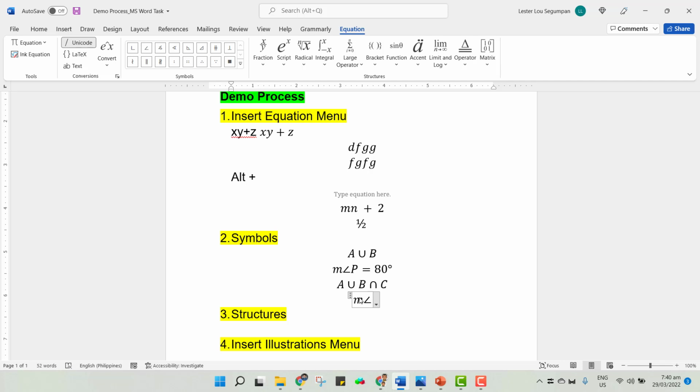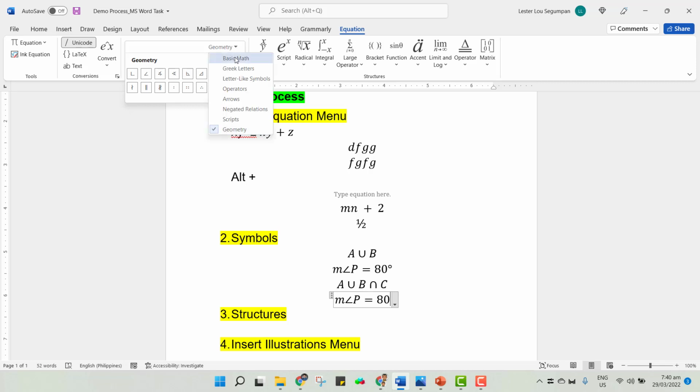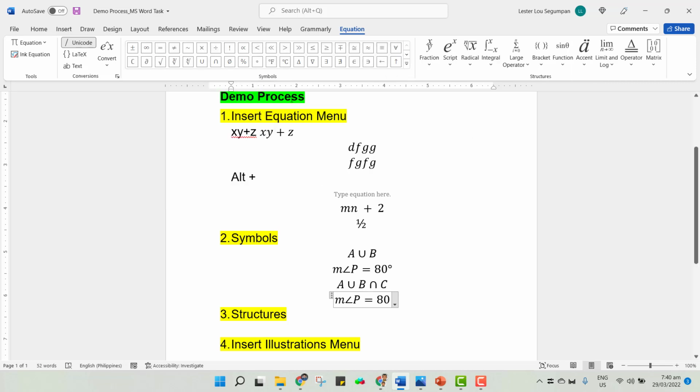That automatically changes to its symbol. And you have P equal to 80. The degrees symbol can also be added by clicking the symbol here, but it also has a shortcut: forward slash degree and space bar. It's already there. Okay? So those are some shortcuts of symbols.